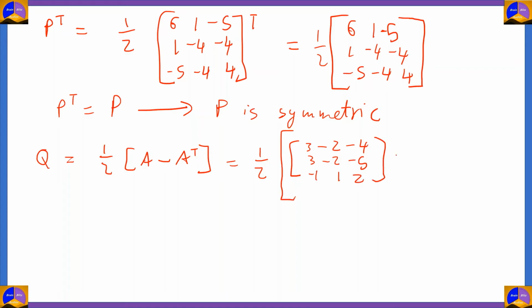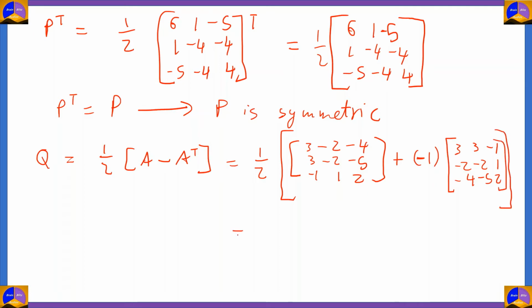And then we subtract it, so we add the transpose multiplied with minus 1. That is how subtraction is done in matrices. So that will be 3, 3, minus 1; minus 2, minus 2, 1; minus 4, minus 5, and 2.